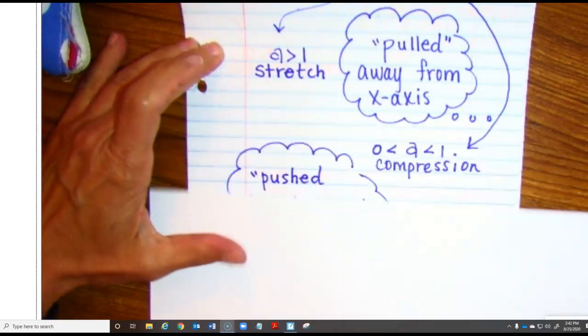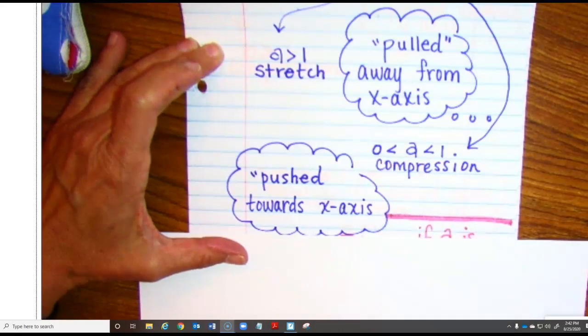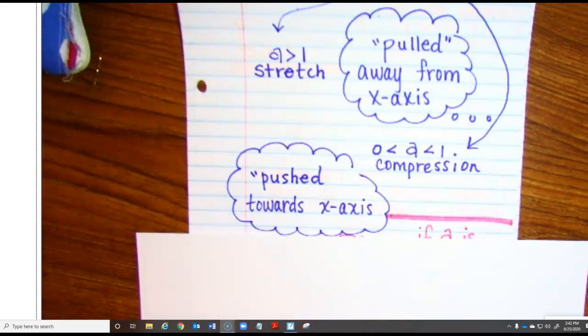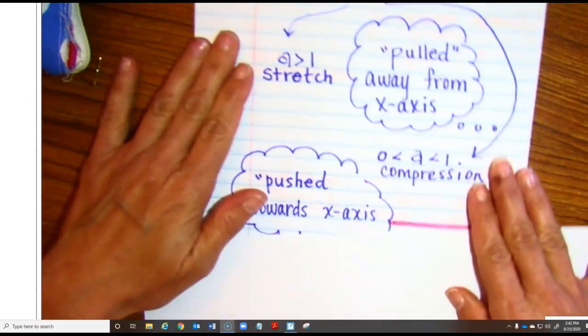On the flip side of that, we can also have an A value that is less than 1 but positive, in other words, a fraction or a decimal. If you have an A value that is a fraction or a decimal, it gets pushed towards the x-axis. It's getting squeezed. It's getting compressed down towards the origin.